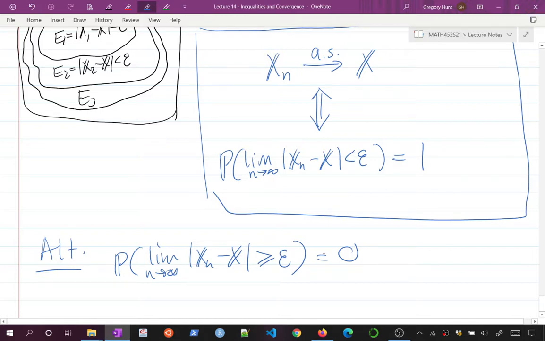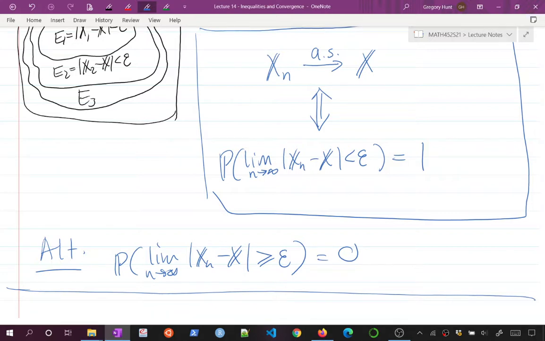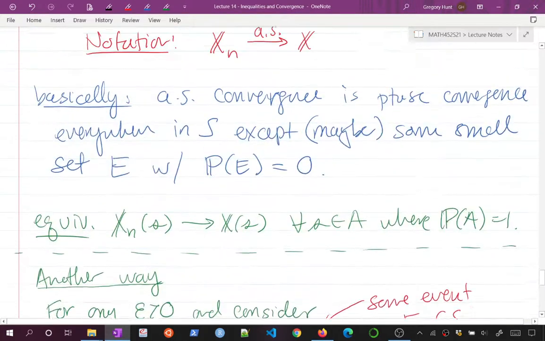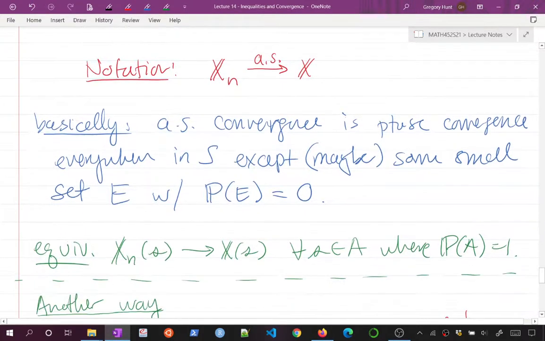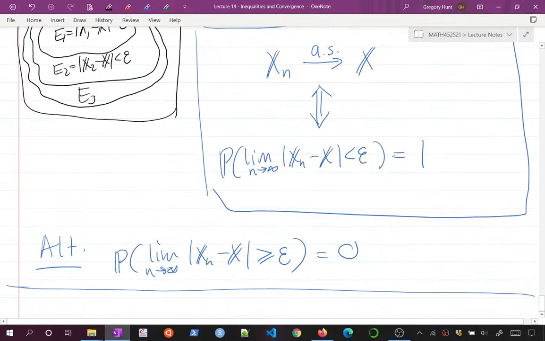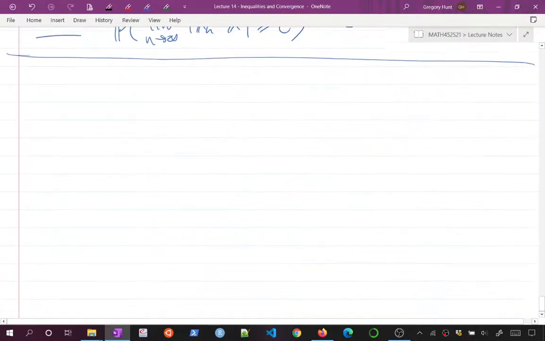In some ways, both of those things seem to imply some kind of limiting behavior that for large enough n, x_n is going to be sufficiently close to x. So the more useful definition is this first definition. It's probably even just this really short definition at the end here. This is an interesting way of thinking about it, and we'll come back to that in a little bit.